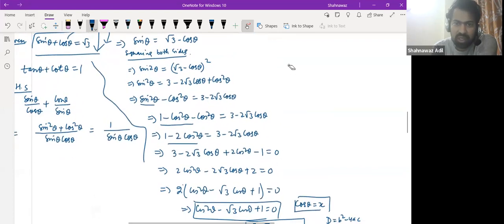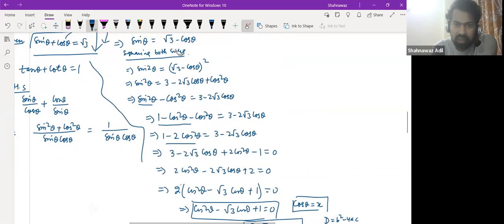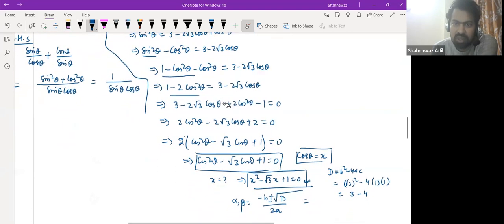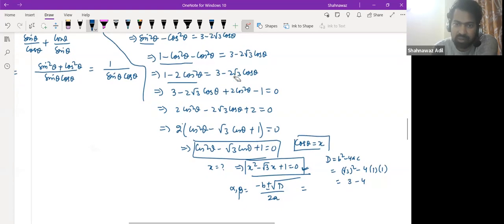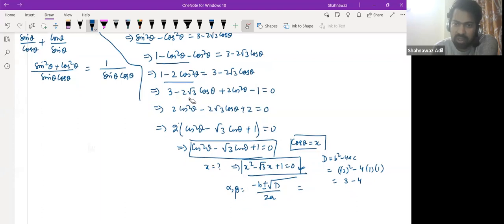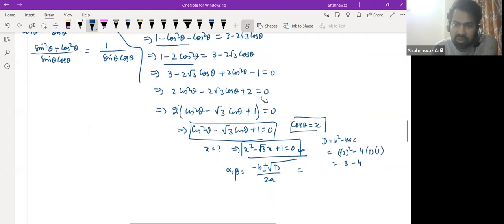So where did I make the mistake? 3 and minus 2 cos theta plus cos square theta, and then this is 1 minus cos square theta, 1 minus 2 cos square theta. 3 minus 2 cos theta, minus 2 root 3 cos theta, plus cos square theta minus 1 plus 2 is 0.